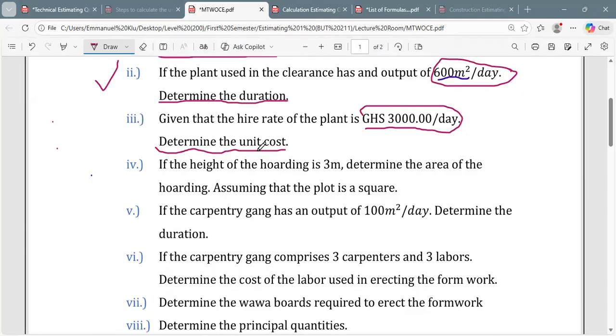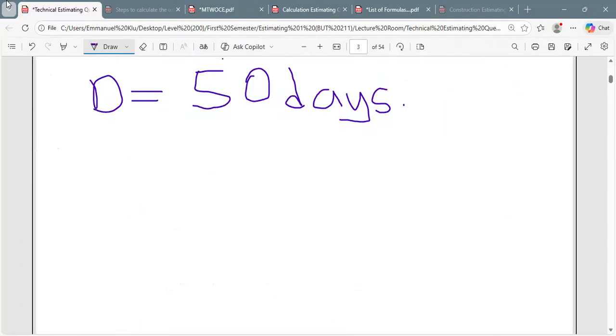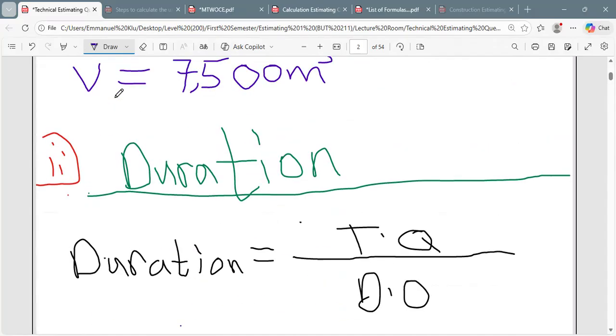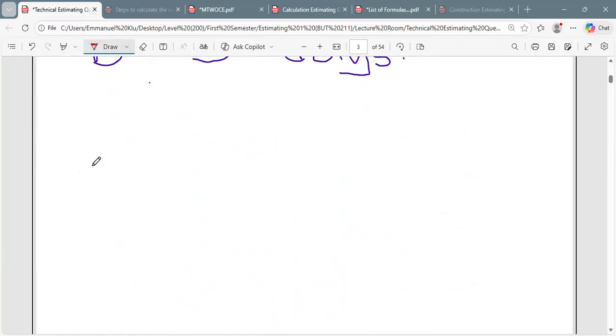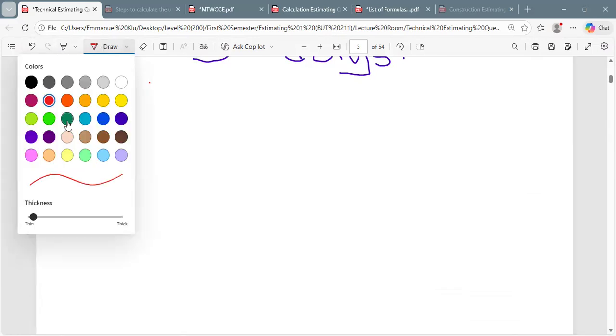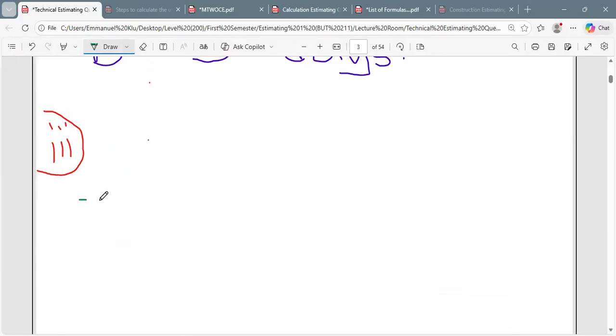So you are supposed to determine the unit cost. So let's go and find the unit cost. So we are now on I. So we are calculating for the unit cost.